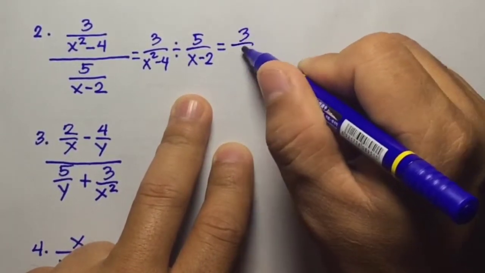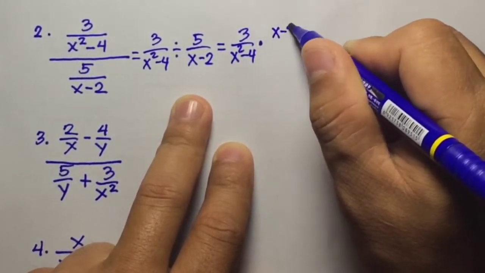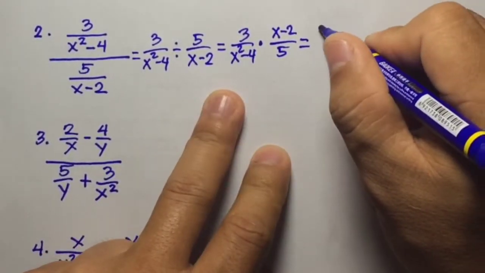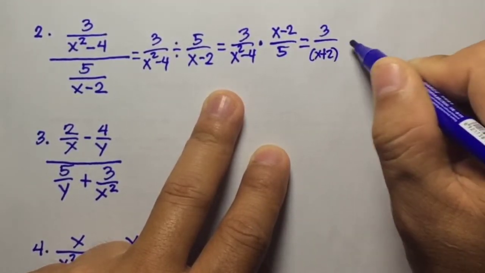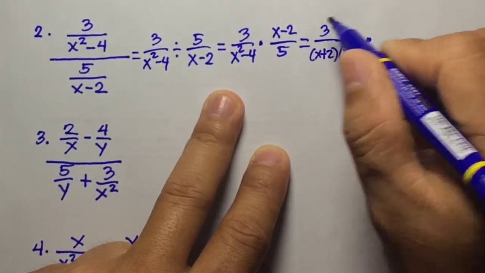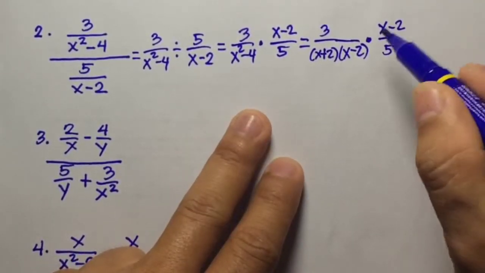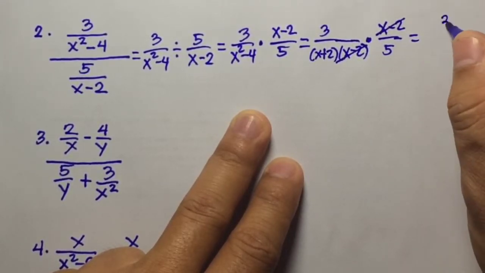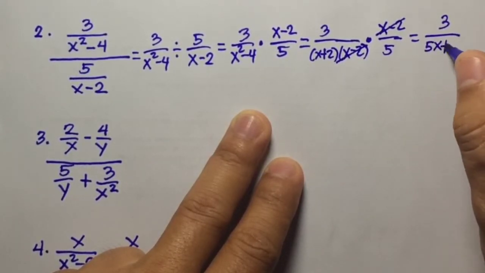So we have 3 over (x squared minus 4) times (x minus 2) over 5. The factors of x squared minus 4 are (x plus 2) times the quantity (x minus 2), then times (x minus 2) over 5. Cancel x minus 2 and x minus 2. So our answer will be 3 over (x plus 2) times 5, which is 5x plus 10.